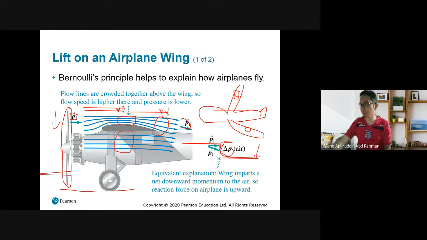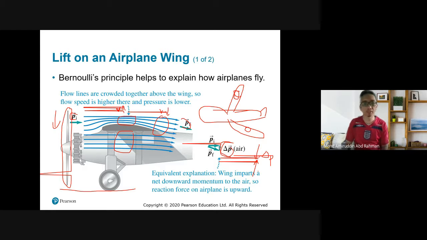So you have the delta P over here, and then another force which is counter to the delta P, so it will be much smaller.